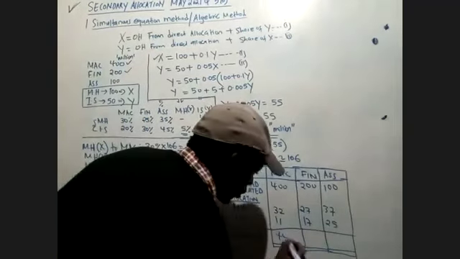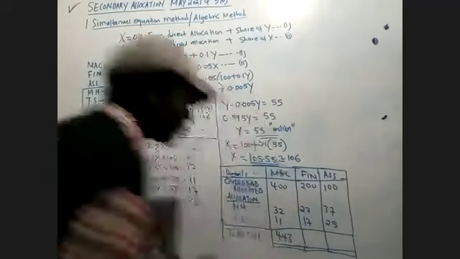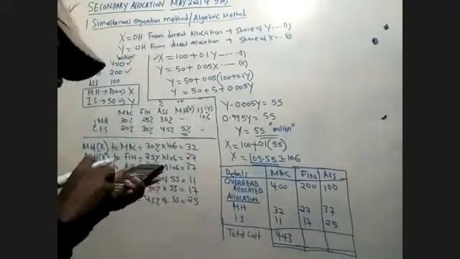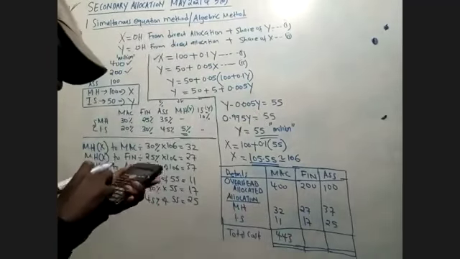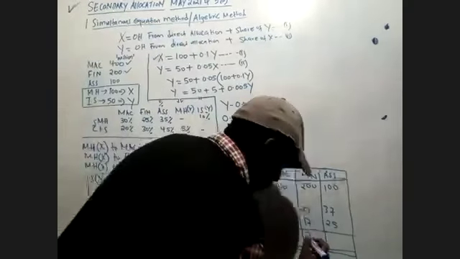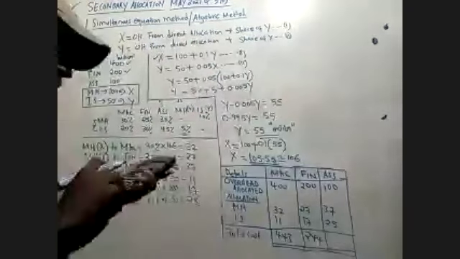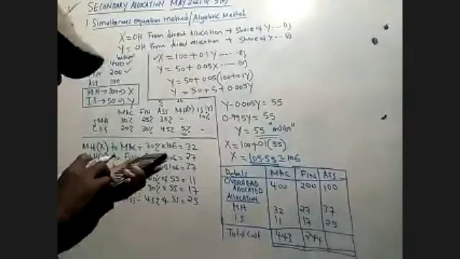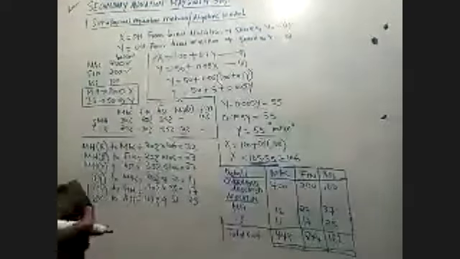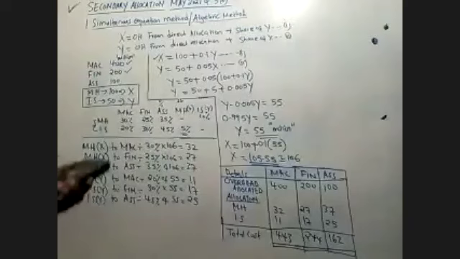Itakuwa ni 443. 200 plus 27 plus 17, which is 244. Then 100 plus 37 plus 25. That one is 162. That is all about that method.